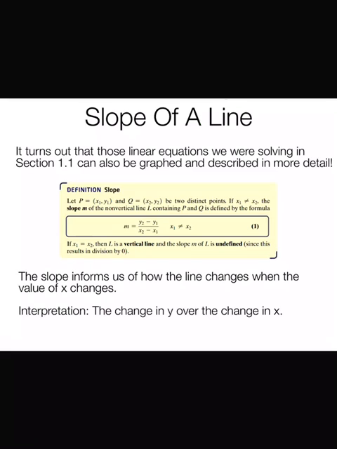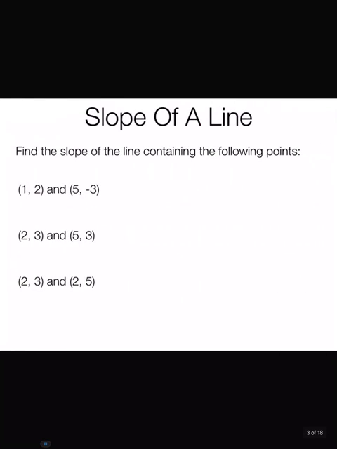What does the slope tell us? It's a number, we can find it. The slope tells us how the line changes when the value of x changes. Specifically, you would read the slope, m, as the change in y over, or divided by, the change in x.